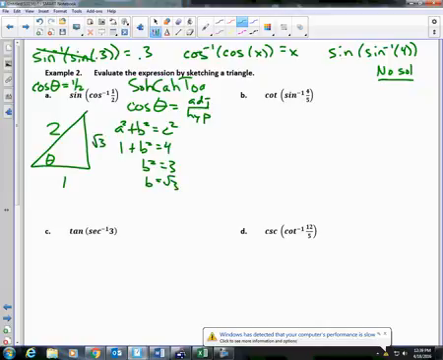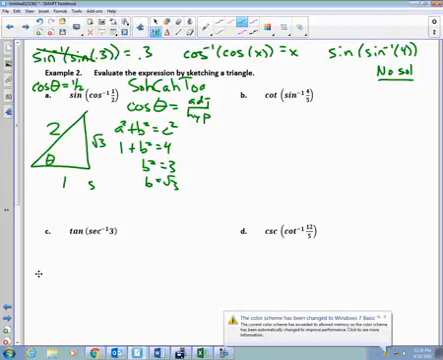Everybody got that? Now that I have my drawing intact, let's watch and see what happens. When you cosine inverse 1/2, what part of the triangle does it give to you? It gives you theta, right? If you cosine inverse a number, it gives you the angle, right?